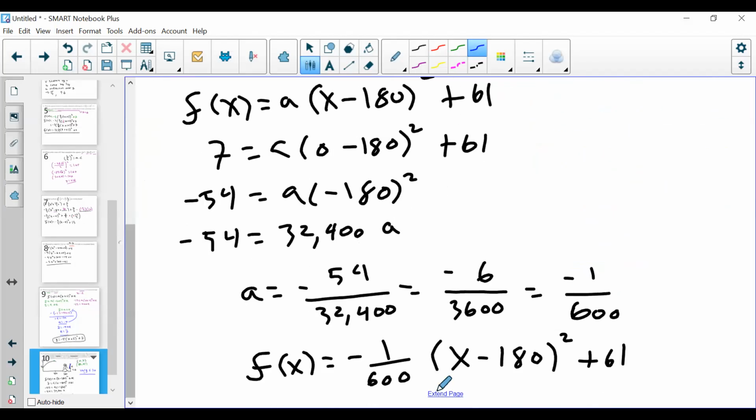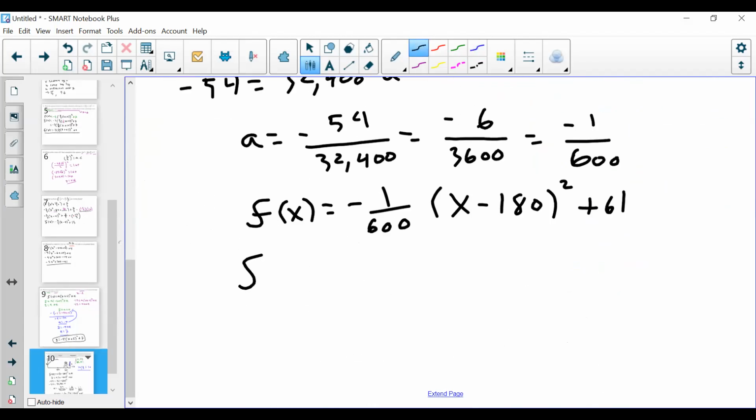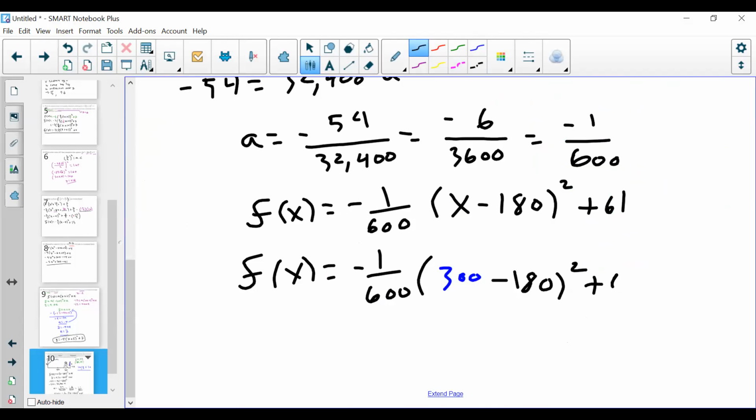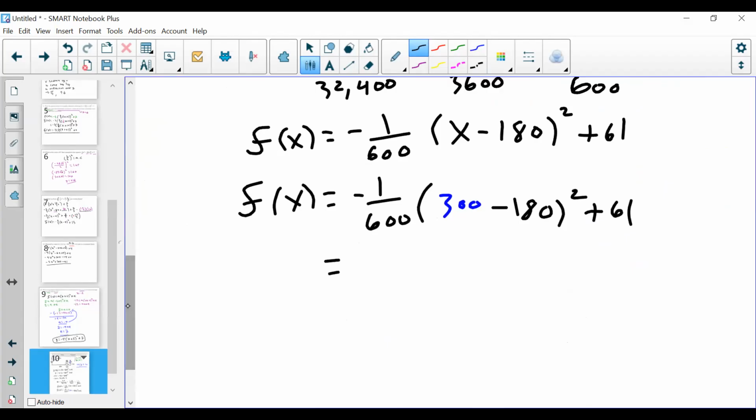So plug in 300. f of x is negative 1 over 600 times that 300 we just got, minus 180 squared, plus 61. So you have negative 1 over 600 times 120 squared, plus 61.